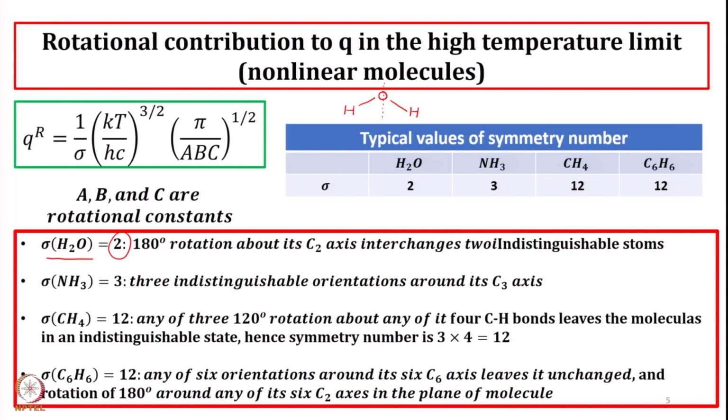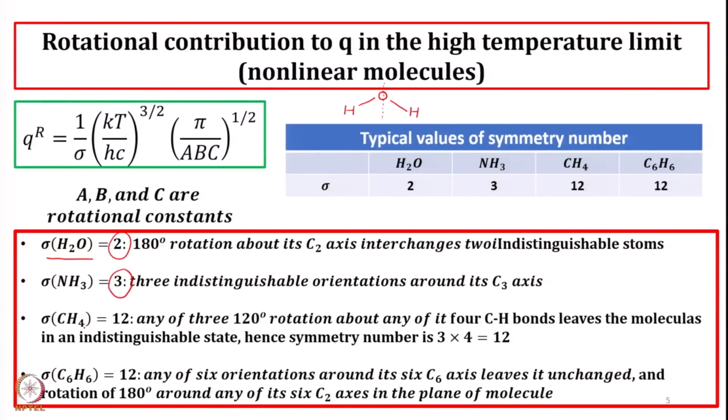So the symmetry number in case of ammonia is 3. And the higher the value of symmetry number, the lower becomes the rotational partition function, because you do not want to overcount the number of rotational states which are thermally accessible.